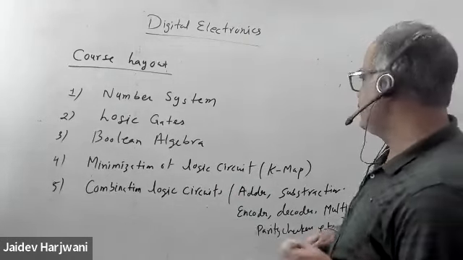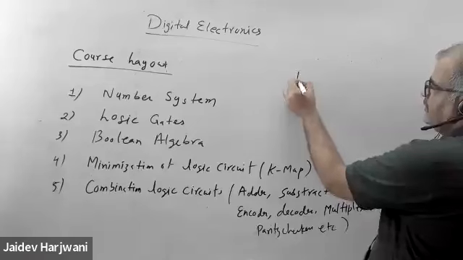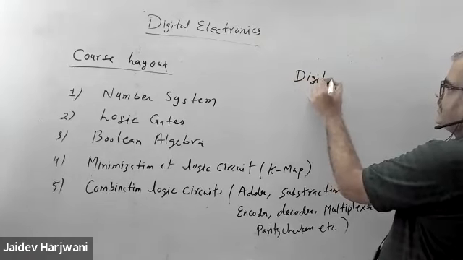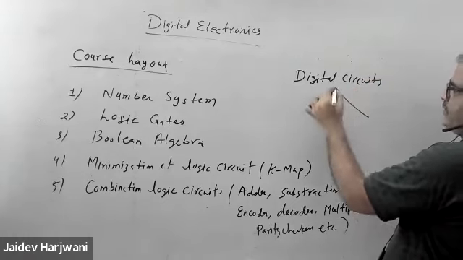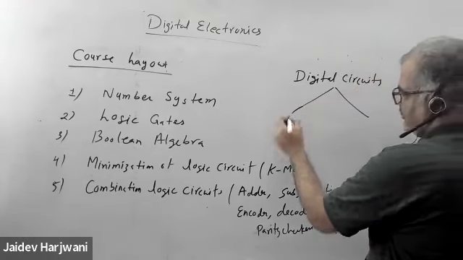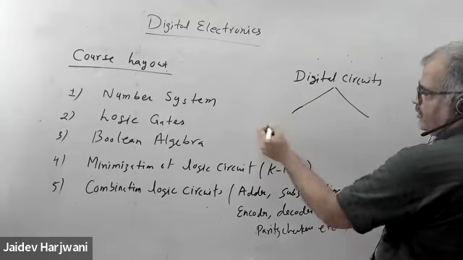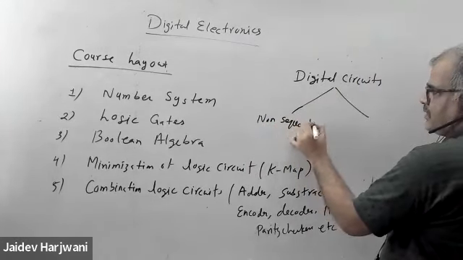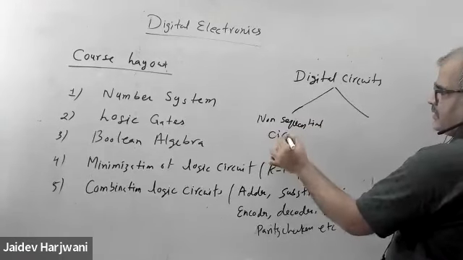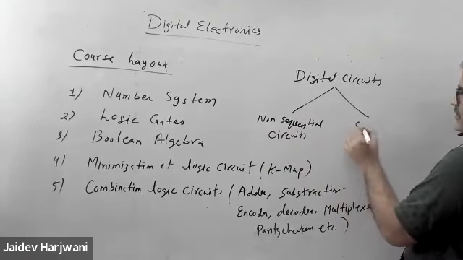So basically your digital circuits are of two types. One is called combinational circuits, or non-sequential circuits, and one is called sequential circuits.